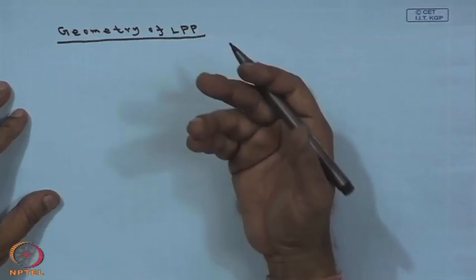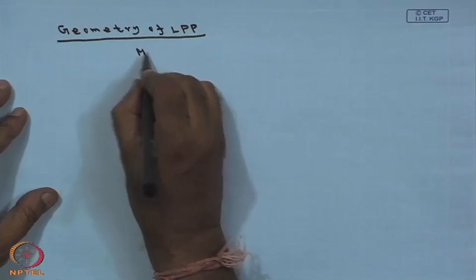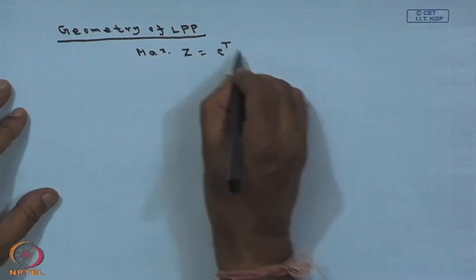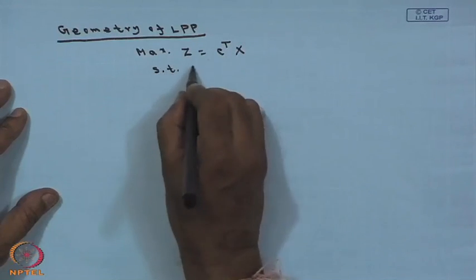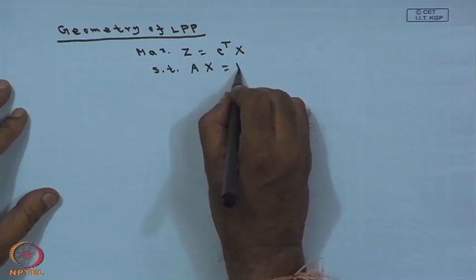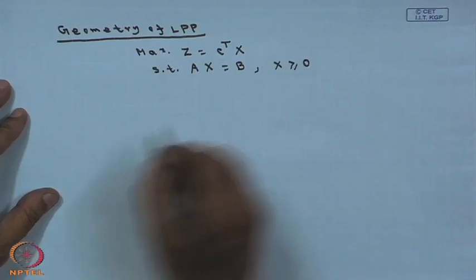What the one LPP represents geometrically, let us take one problem: maximize Z equals C transpose X subject to A x equals B, where x is greater than or equal to 0.